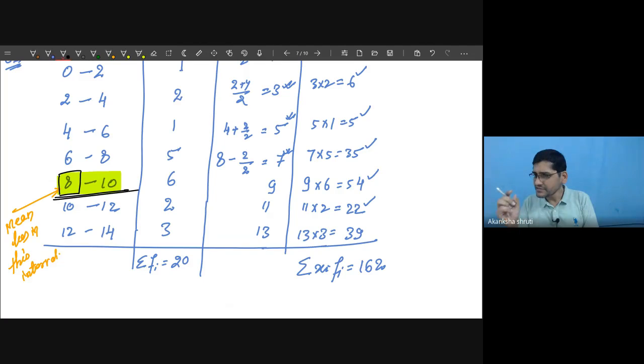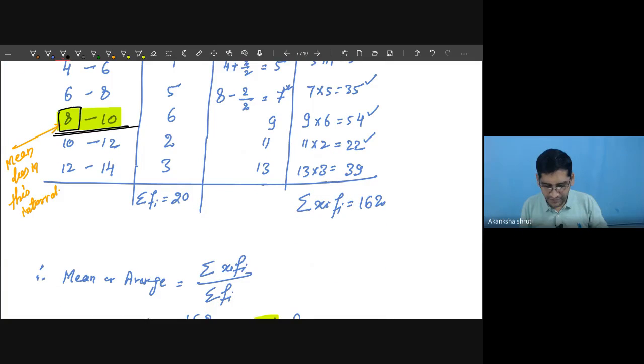Then by certain calculation, means certain adjustment, that mean can be 8.1 or 8.3, means greater than 8 if it is added, or the actual mean that we get may be lesser than this 8. In that case, the correction factor becomes negative. So how is that correction factor? That we have to understand in this new method called assumed mean method.